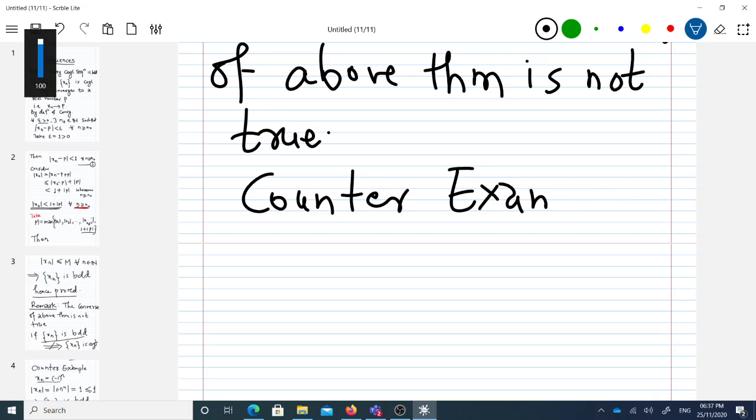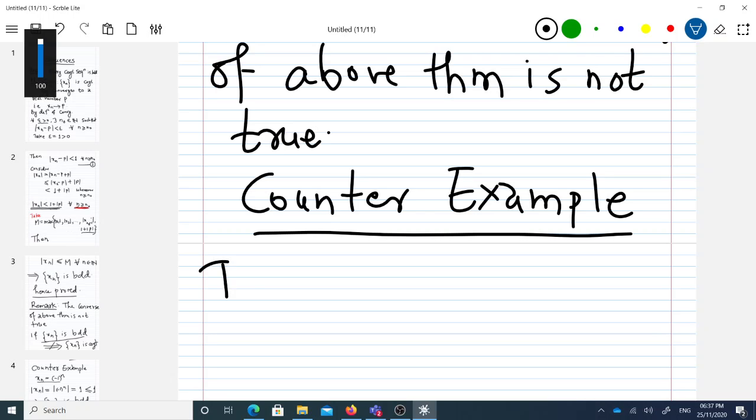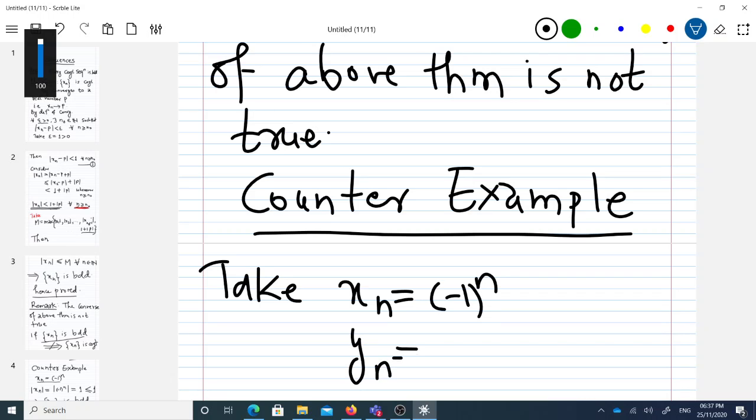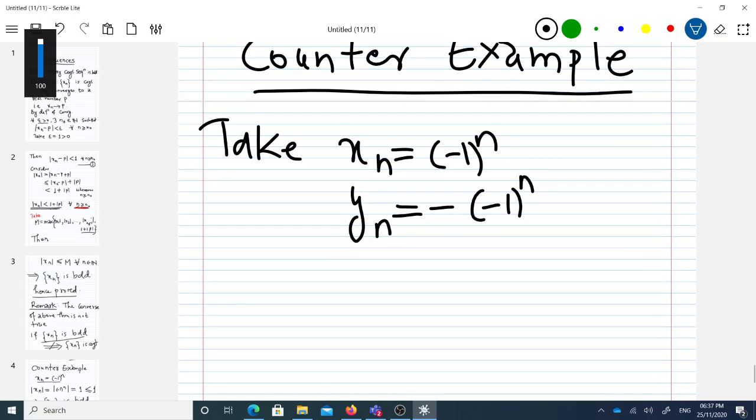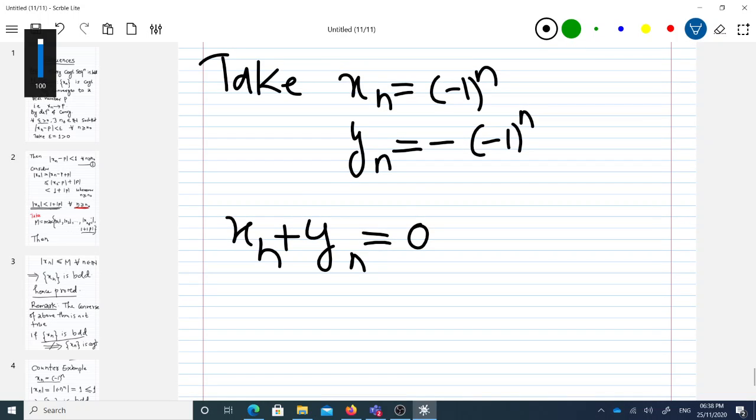I need to give a counter example where xn plus yn is convergent, but at least one of xn and yn is not convergent. So what I will do, I will take xn as minus 1 raised to n and yn as minus of minus 1 raised to n. If you take xn plus yn, then it will be 0 and it is a constant sequence.